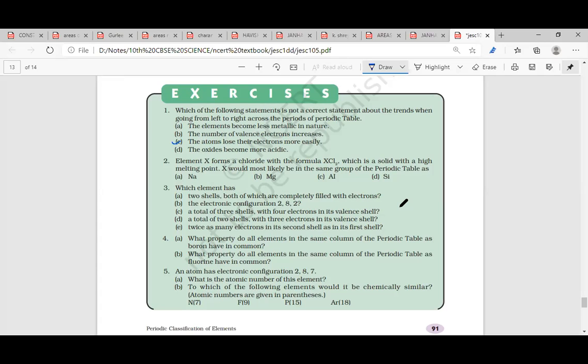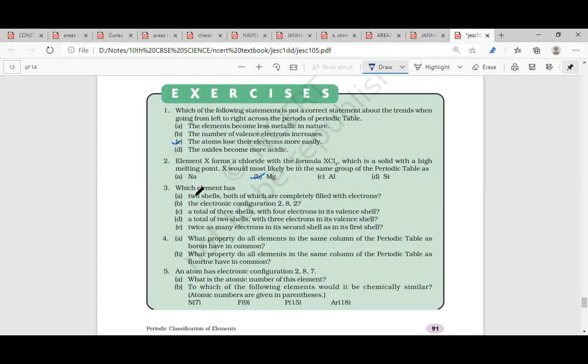Magnesium. Why? XCl2 formula. So what is the valency of X? Valency of X is 2. So which element has a valency 2? Magnesium has valency 2, so therefore magnesium is the answer.